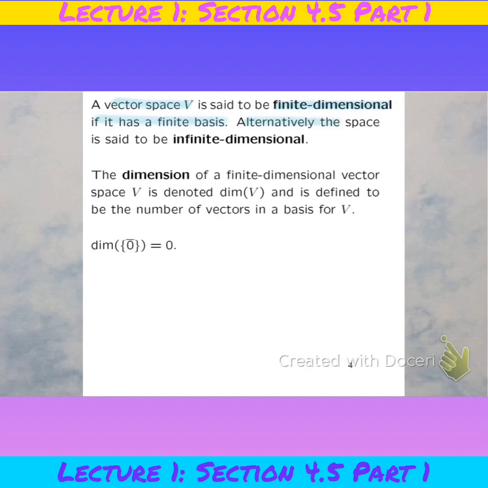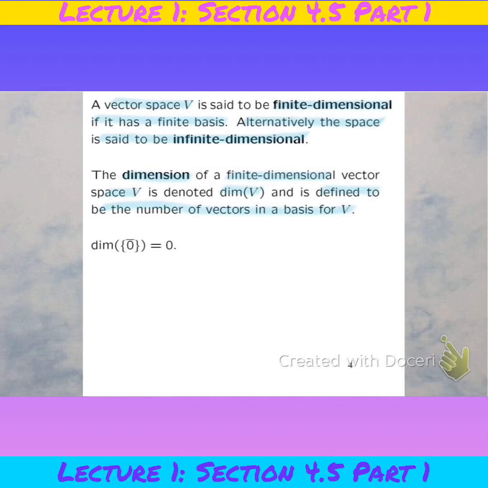And if you cannot span it with finitely many vectors, we say it's infinite dimensional. Now, what is the dimension? The dimension of a finite dimensional vector space V is denoted by dim of V, and it's defined to be the number of vectors in a basis for V.